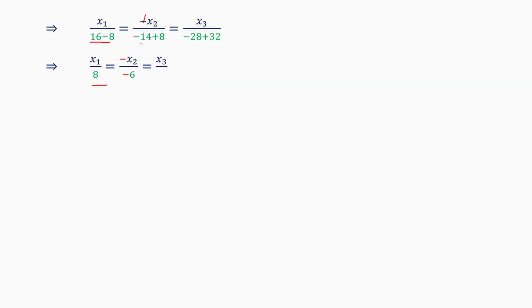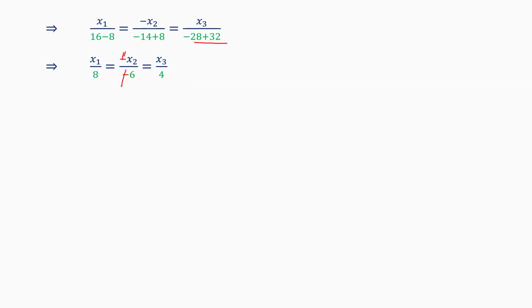If we simplify again, 16 minus 8 is equal to 8, minus x2 upon minus 14 plus 8 is minus 6, and x3 upon 4. So this minus and minus will again cancel.